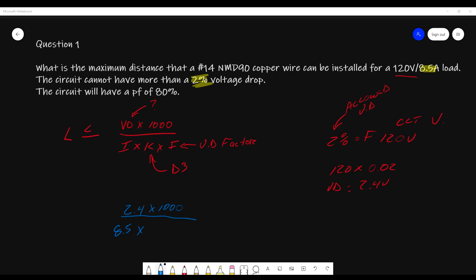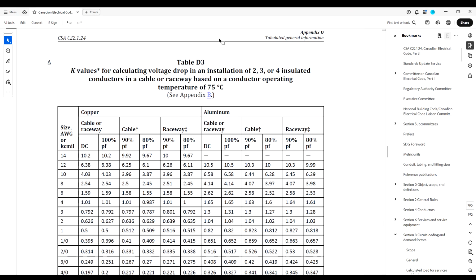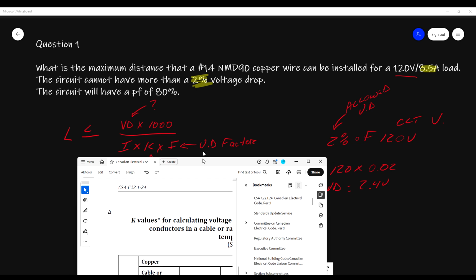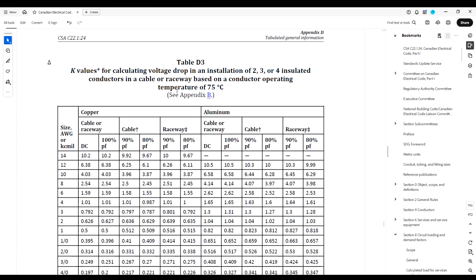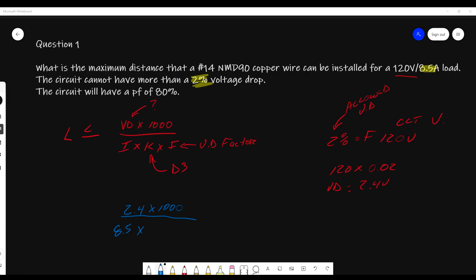I'm going to drag my code book back over because it's a lot clearer. We know it's a cable, and I said the power factor is 80%. So at number 14, it's a cable, 80%, 9.67. That's our K value that we're going to use. Okay, so just enter 9.67 times our voltage drop factor.